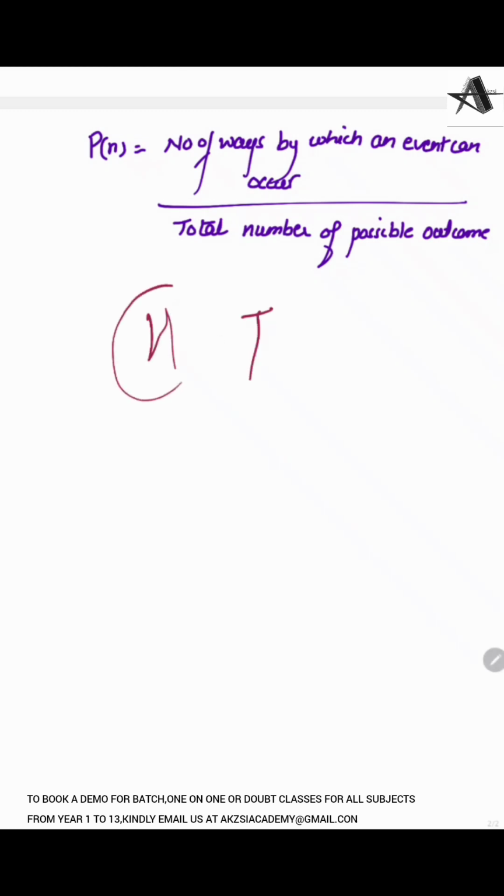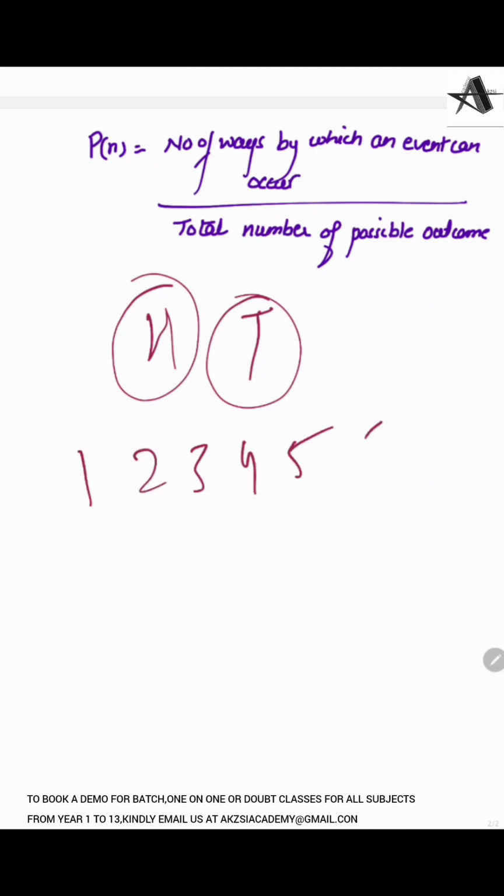So head is one event, tail is one event. When I'm rolling a six-sided dice, I can get 1, 2, 3, 4, 5, 6. These 6 numbers are the outcomes. Outcome would be event, but specifically I use the word event for that for which we are calculating the probability.